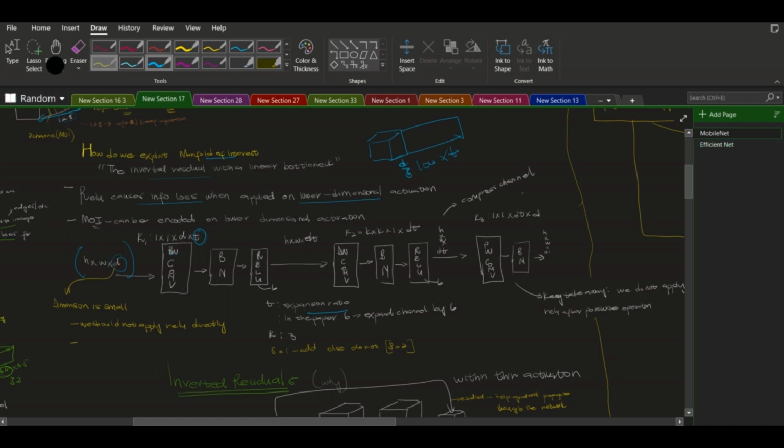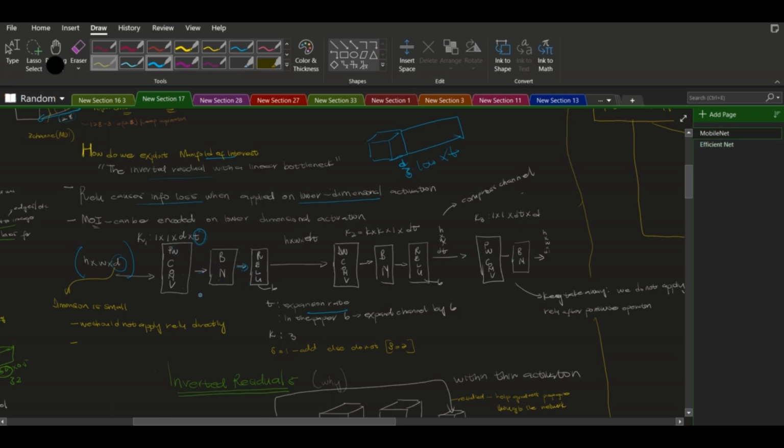Remember that in MobileNet V1 we spoke about the pointwise convolution. It's 1 by 1 by D. Then we introduce this t, which is the expansion rate or expansion factor. Then we apply batch norm and ReLU6.